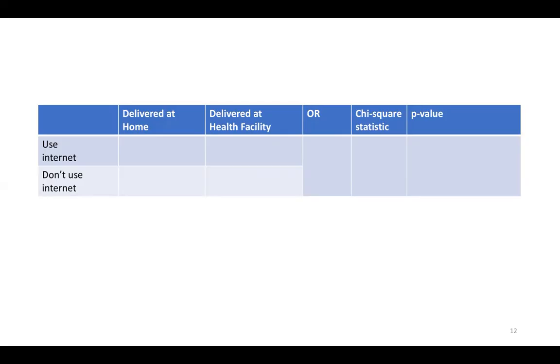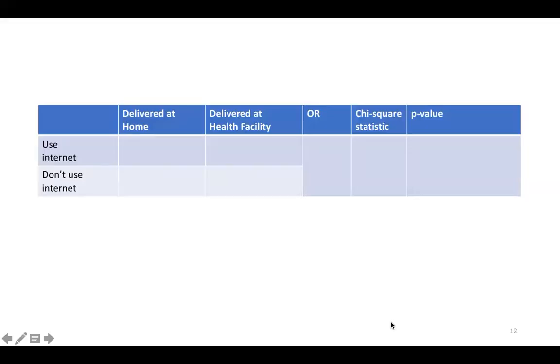So if we want to know what is the factor that led to those who delivered at home in the present context, we could select those mothers who delivered at home and compare them to those who delivered at health facilities and ask them if the use of internet was an exposure that led to delivery at health facility.